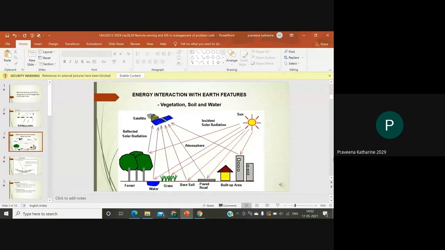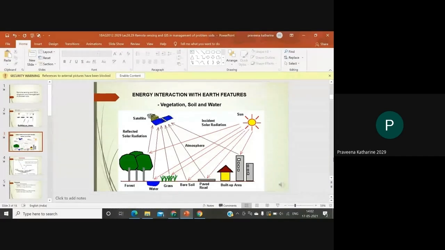so the trees, they will absorb a particular wavelength. They are interested in a particular wavelength. That energy it will absorb, whereas the other wavelength it will reflect. That is done by all the objects, isn't it? How are you able to distinguish different colors?